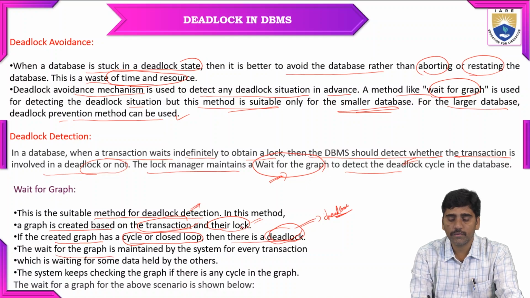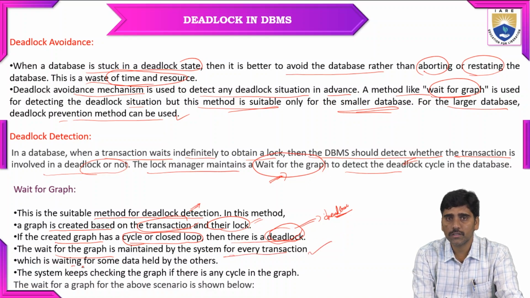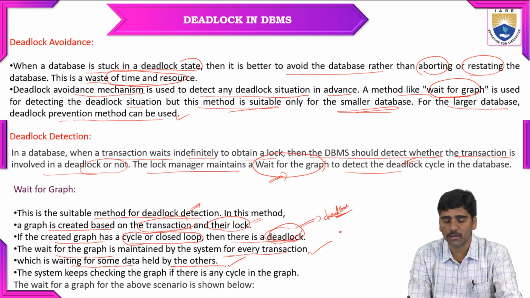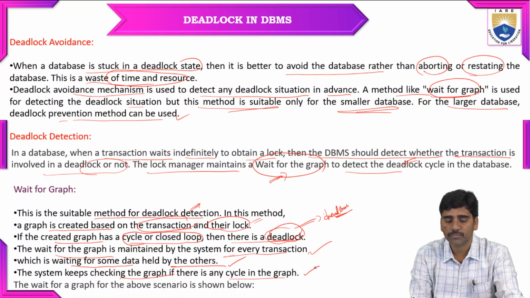The wait-for graph is maintained by the system for every transaction that is waiting for some data held by others, and the system keeps checking whether there is any cycle in the graph or not.